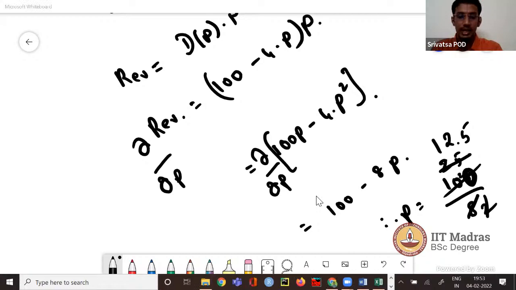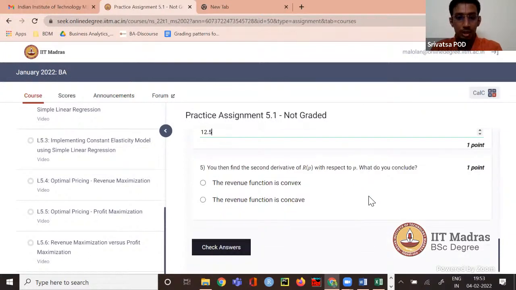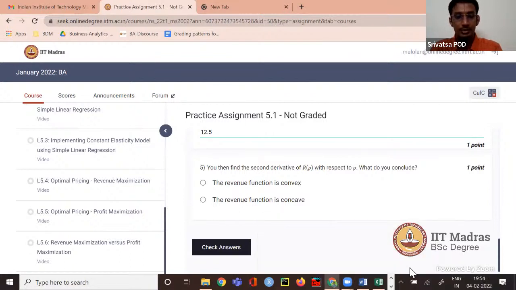Thanks. And the next subsequent question is, you have found the first derivative and found P star, but you still don't know whether you are at the maximum or the minimum. When you find the second derivative of R with respect to P, what you will obtain is a negative value.